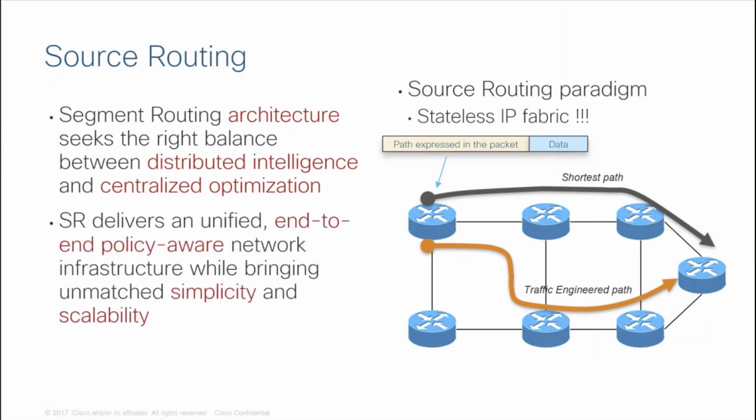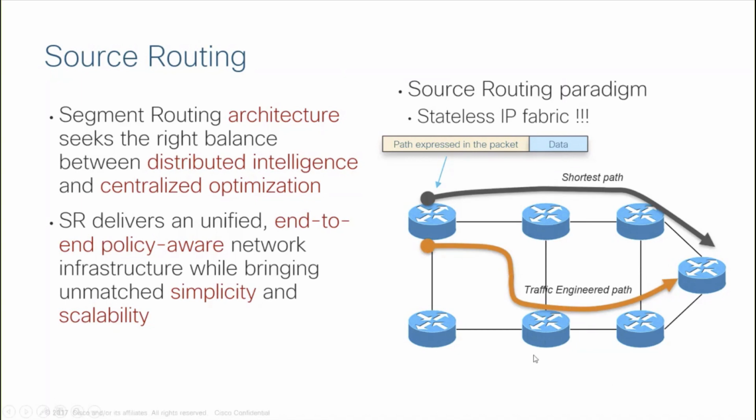By using source routing, what you will realize is that the devices in the middle of the network don't really know if they're a midpoint for somebody's shortest path or for somebody's traffic engineering. If you look at this node here in the middle, these orange lines, I may have 1,000 of these traffic engineered paths going through me.